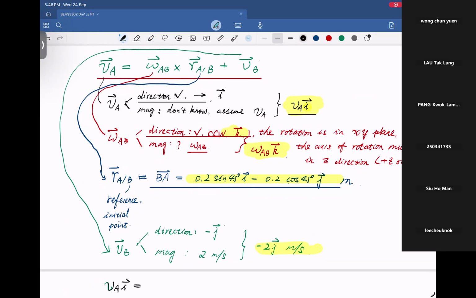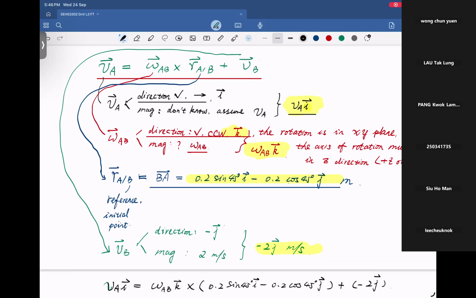VA I equals omega AB K cross R AB, which is 0.2 sine 45 I minus 0.2 cosine 45 J, plus VB, negative 2J meter per second.